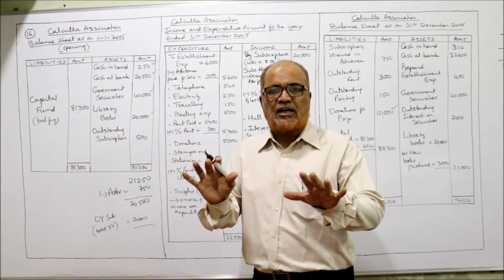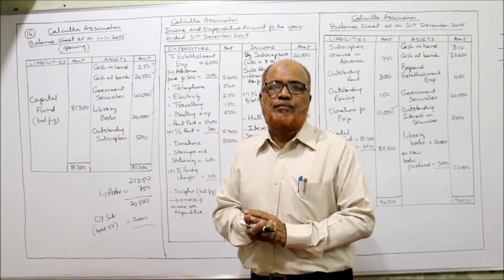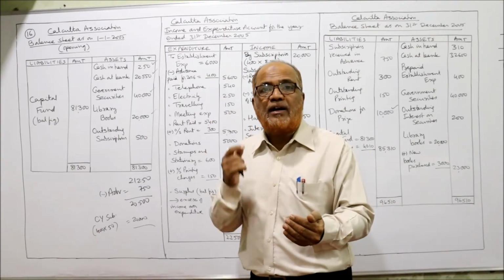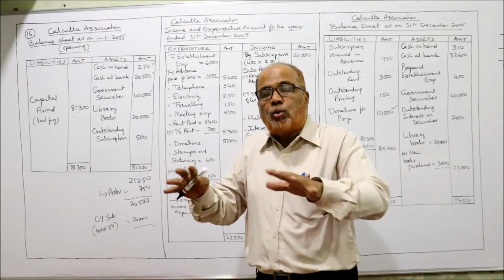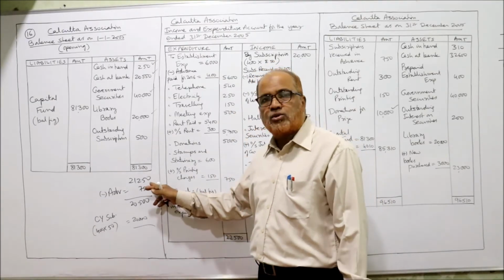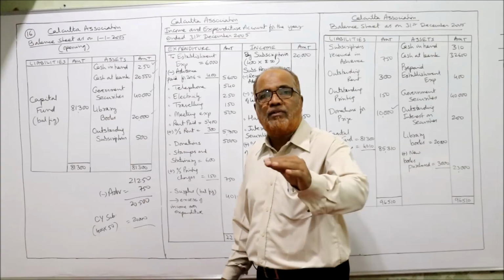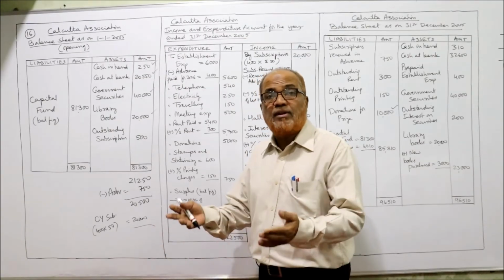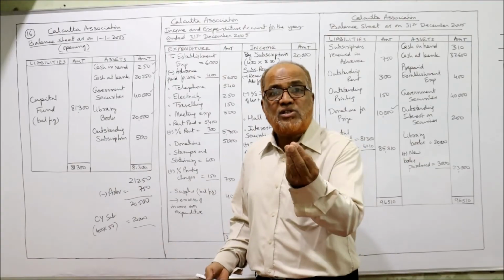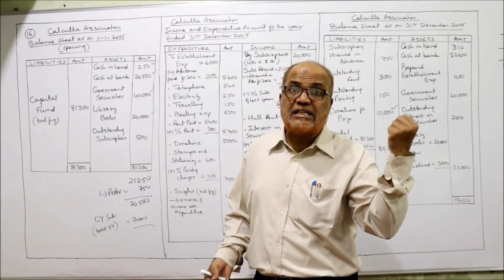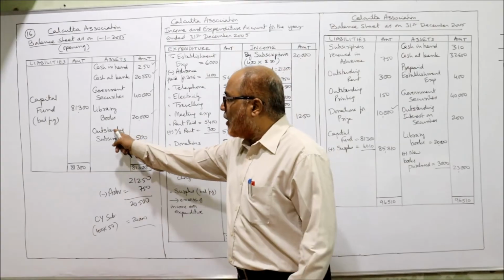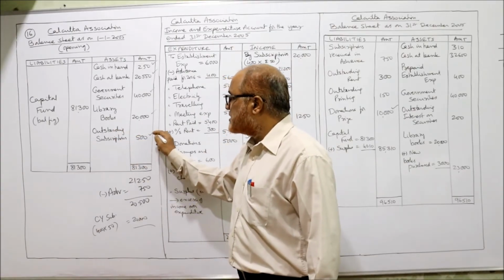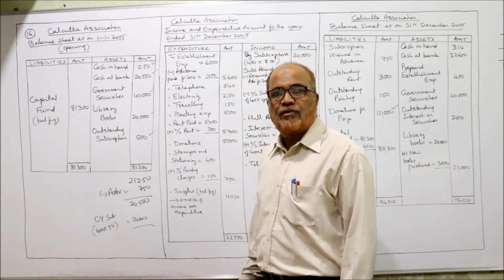Current year subscription should be 20,000, but we are getting 20,500. Total subscription received is 21,250, out of which 750 is for the next year. Deduct that, and still we have 20,500. That means this 500 was received for last year's outstanding. So outstanding subscription of last year is 500 rupees.